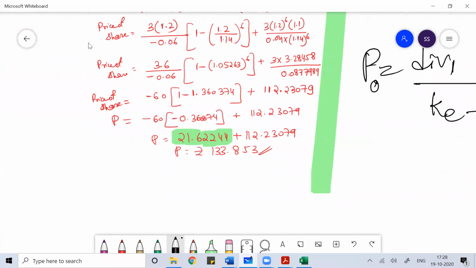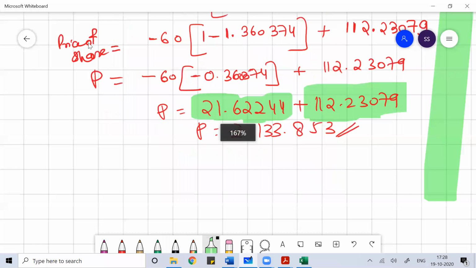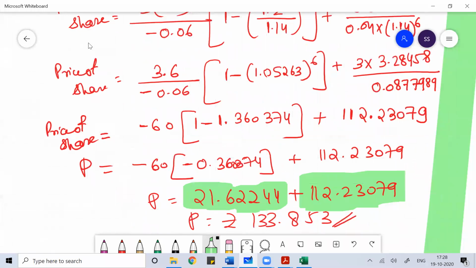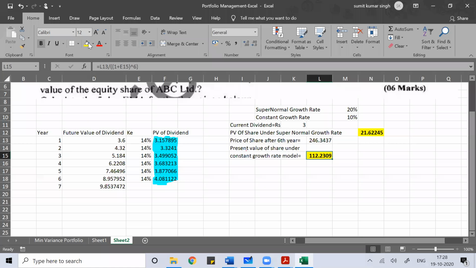112, I hope you can see this. So what we did, this is the same thing, 112.23079. Once you get that, you find the present value of the share.